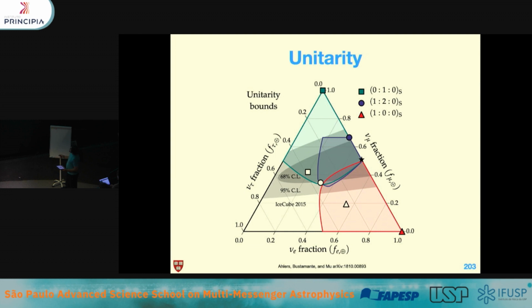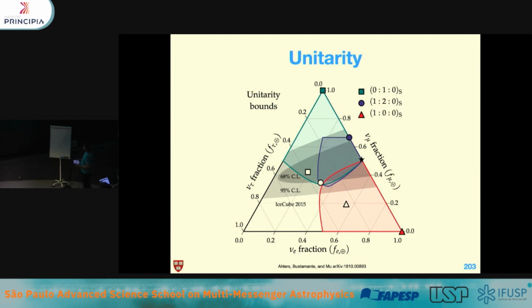So I start with 100% electron neutrinos. This represents that at most 50% of them have become mu neutrinos. This here represents that at most 50% of them have become tau neutrinos. But I can never have a situation where more than 50% become, for example, I cannot have a situation where 80% of my neutrinos become of a different flavor.